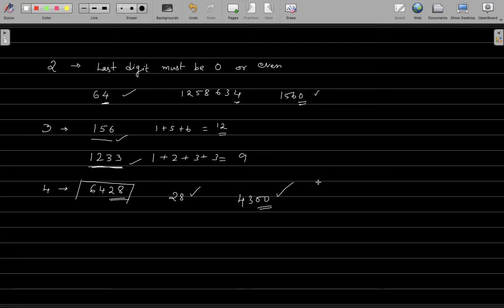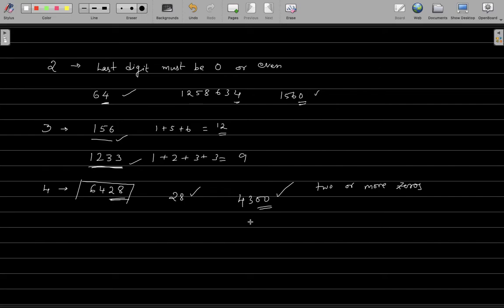Or when the last two digits of the number are divisible by 4, you can say that the number is divisible by 4. Like 4300, in this case, because the last two digits are zeros, you can say that the number is divisible by 4.